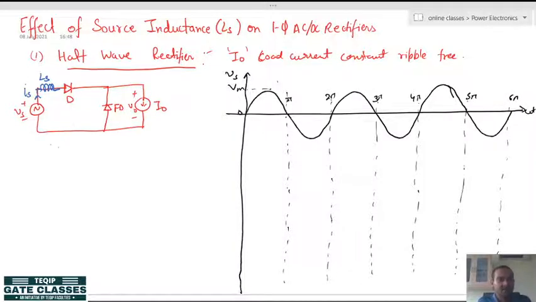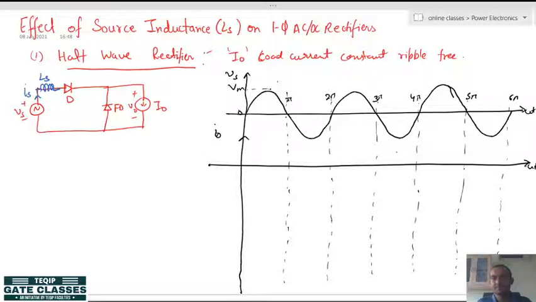Let us start how it is working. Now let us draw the load current also, which we have assumed as constant, and the output voltage also.